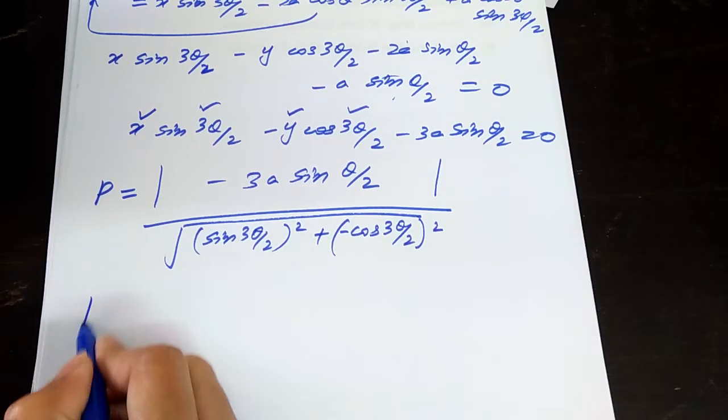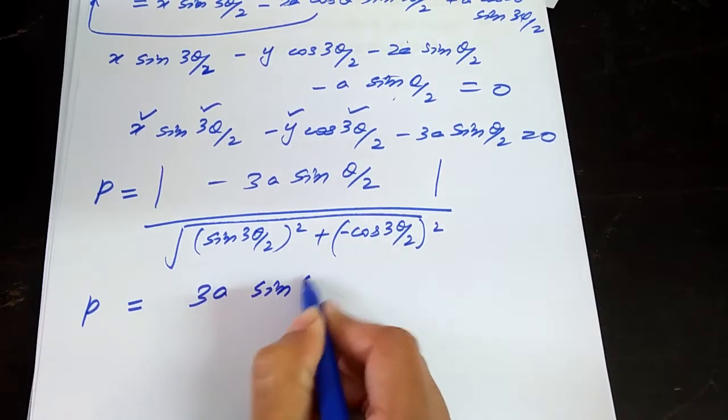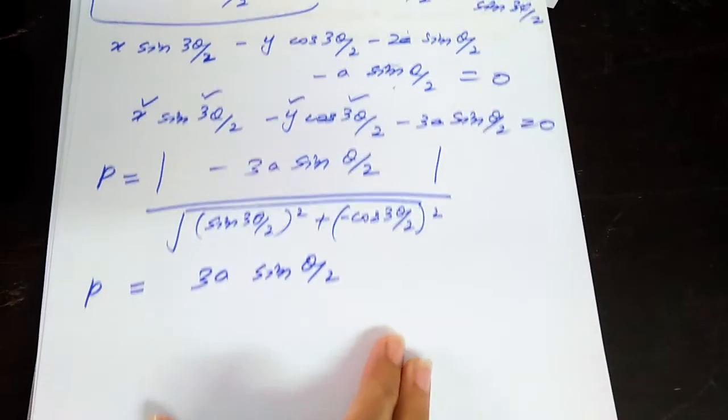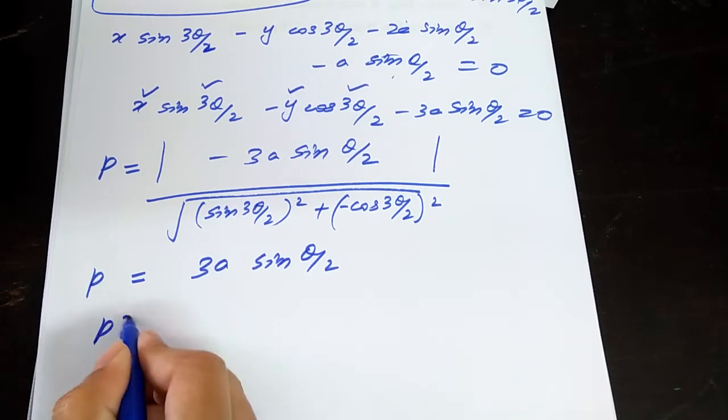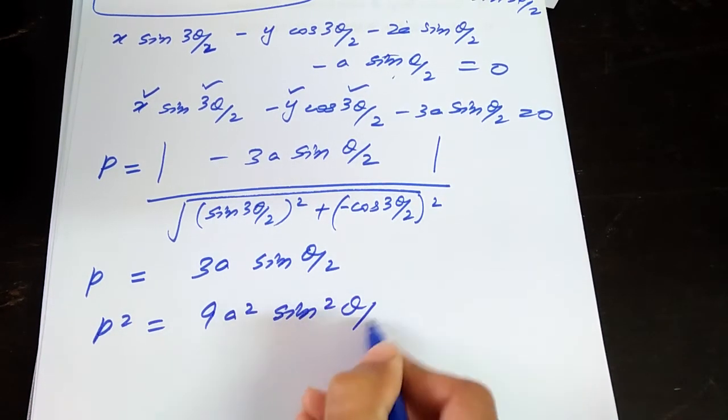So p is equal to only 3a sine theta by 2, because this term will give you 1. Now take the square on both sides. P square will be 9a square sine square theta by 2.